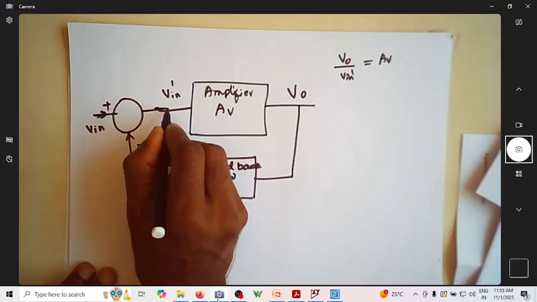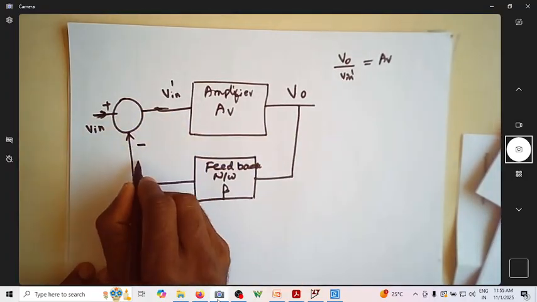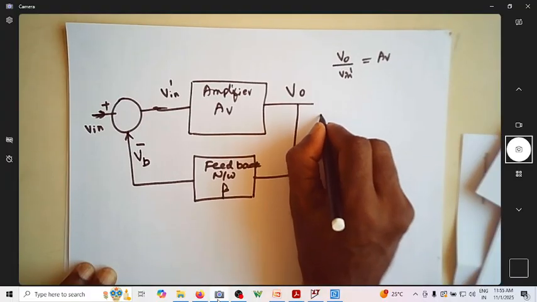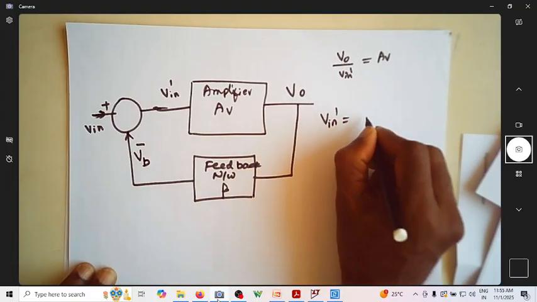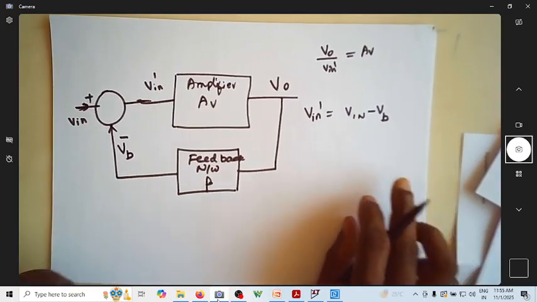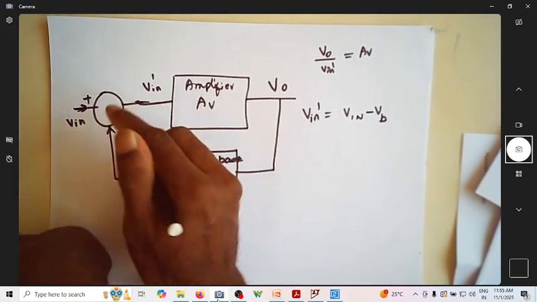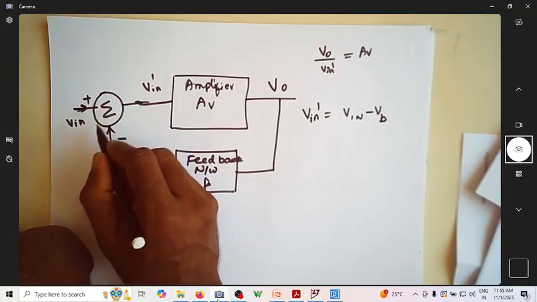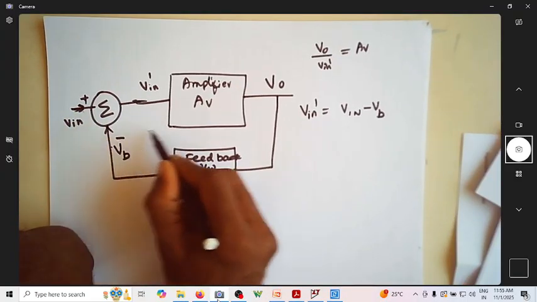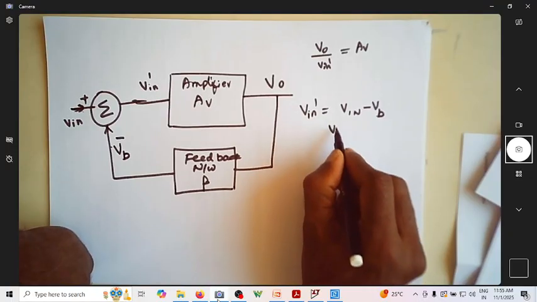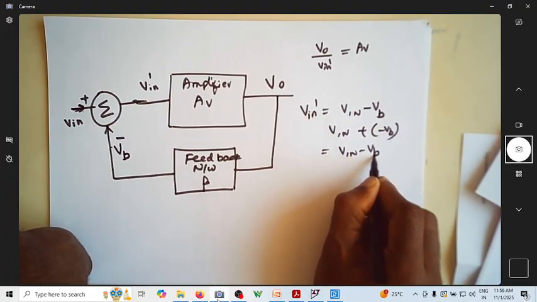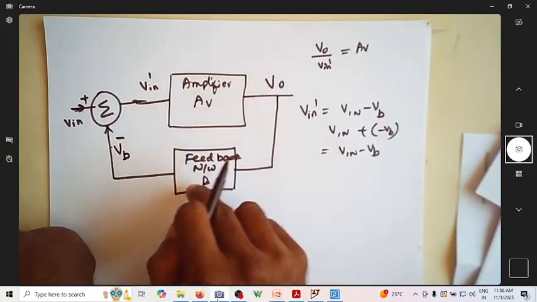If I call it VB, some feedback voltage, can I write V in dash is equal to V in minus VB? This is like a summer. Since VB enters with a negative sign, it becomes minus. So V in dash is V in minus VB. What is VB? VB is V0 into beta.